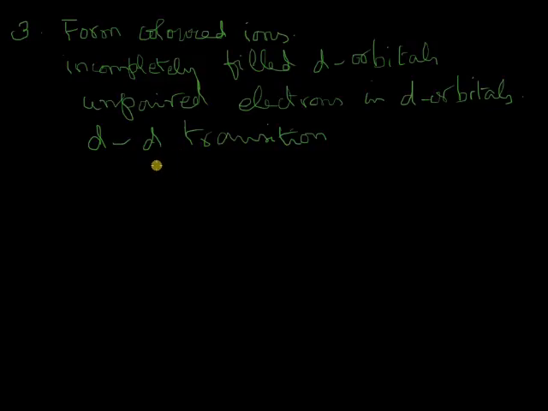So they exhibit very strong colors. I suppose you will be able to state the reason clearly for the transition metals forming colored ions. You have to say these three facts. They have incompletely filled d orbitals or unpaired electrons in d orbitals, due to which they undergo d-d transition. When you say d-d transition, we know that it involves energy which they absorb from the visible region.